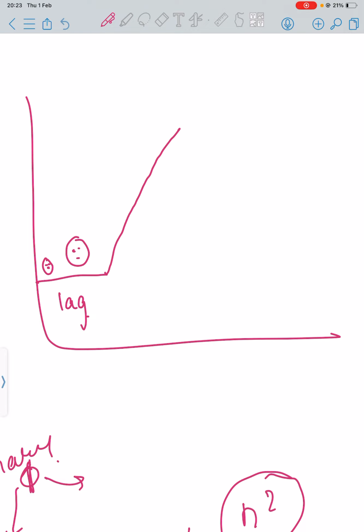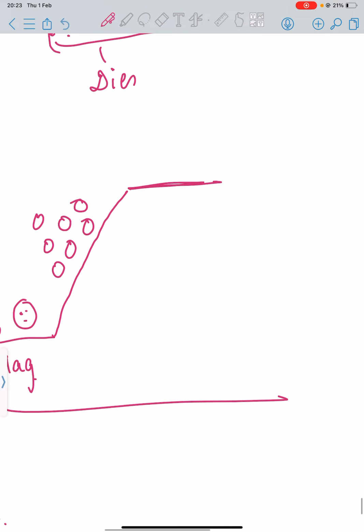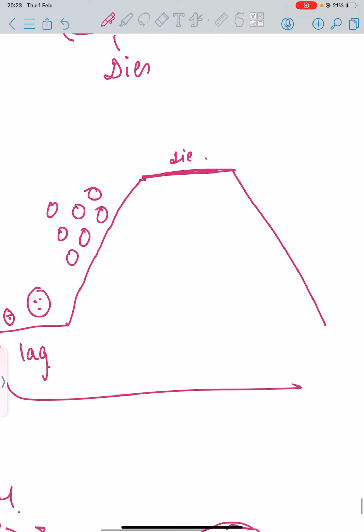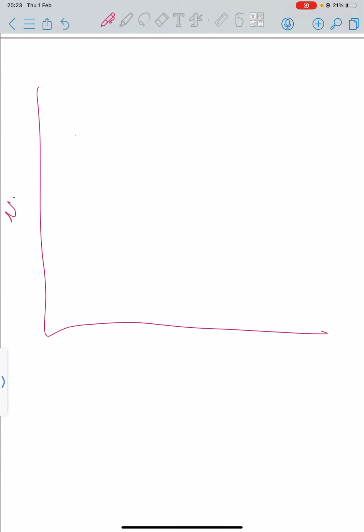In log phase, they actually form lots of bacteria. In stationary phase, they start to die. And in decline phase there is actual death. Again, if this is the number and this is time, initially there is lag.